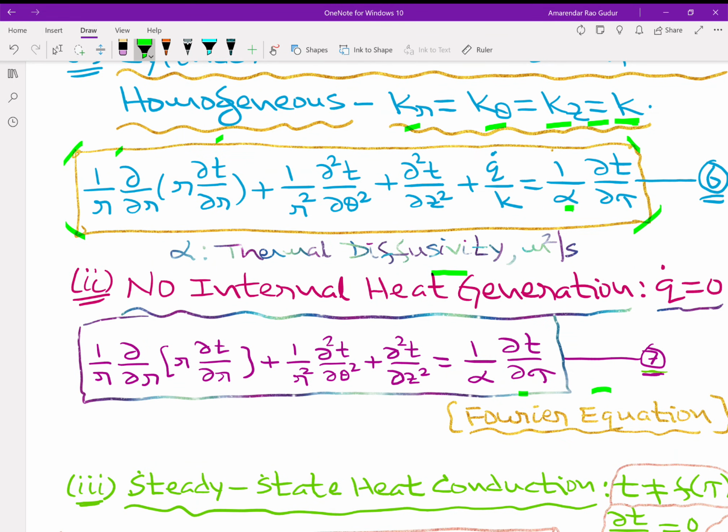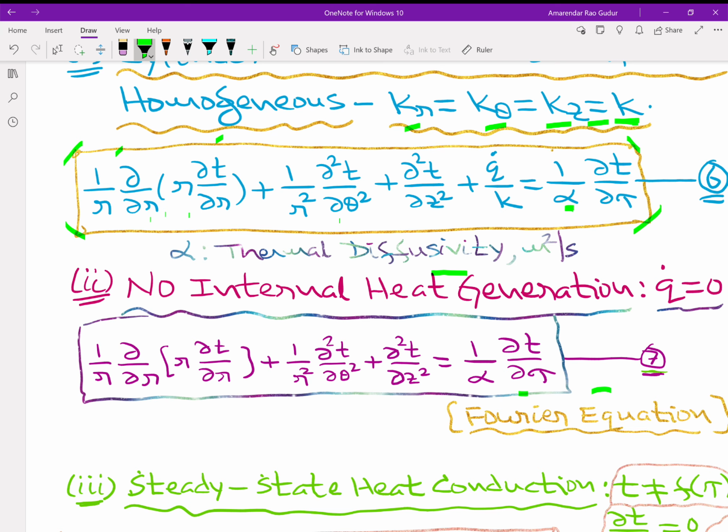Let us suppose 2D steady state, no heat generation. First two terms will be equal to 0. Let us say 1D unsteady, no heat generation. First term will be equal to RHS. Let's say 1D steady with uniform internal heat generation. Then first term plus fourth term is equal to 0.